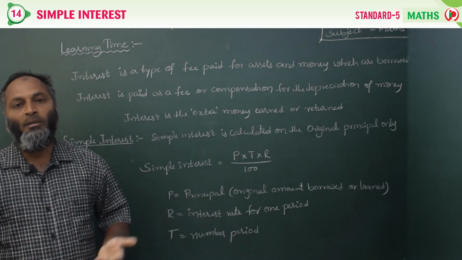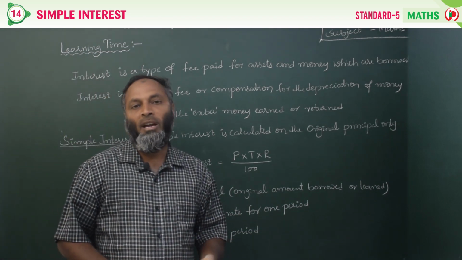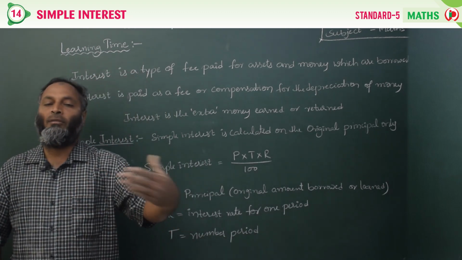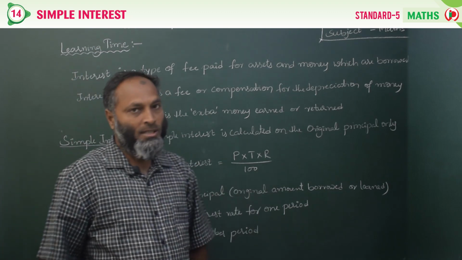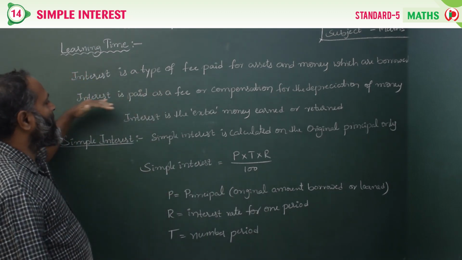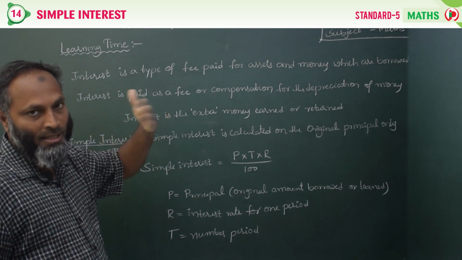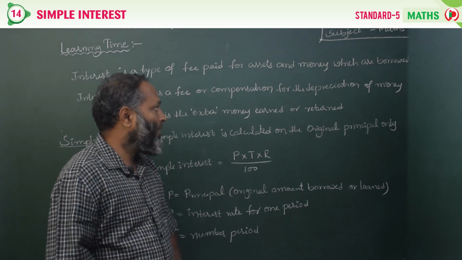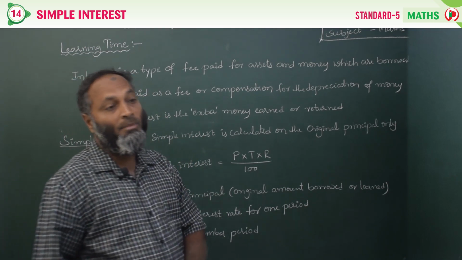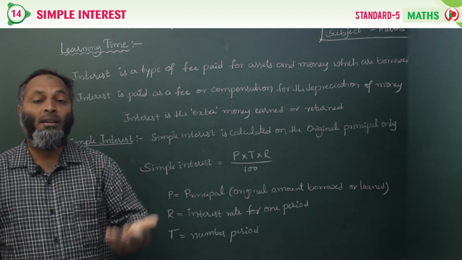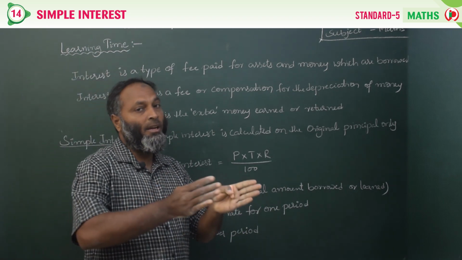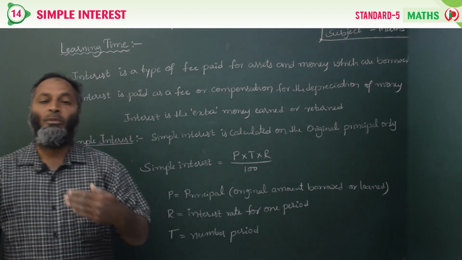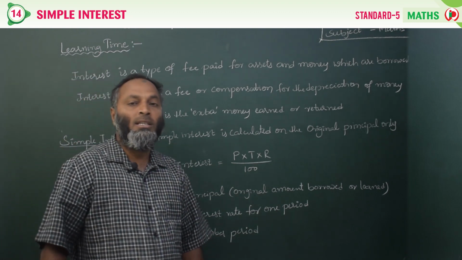If we borrow, meaning we take some loan from a bank or any person, we pay some extra amount, and that is the interest. Interest is paid as a fee, as compensation for the depreciation of money. Whatever extra amount we pay on what we took, that is our interest.